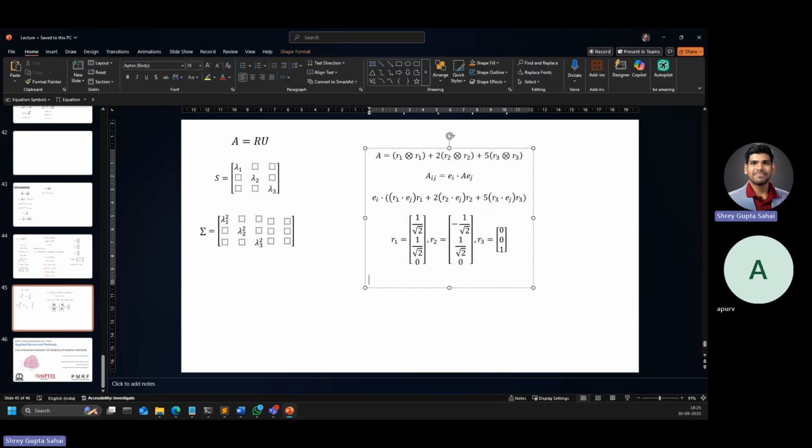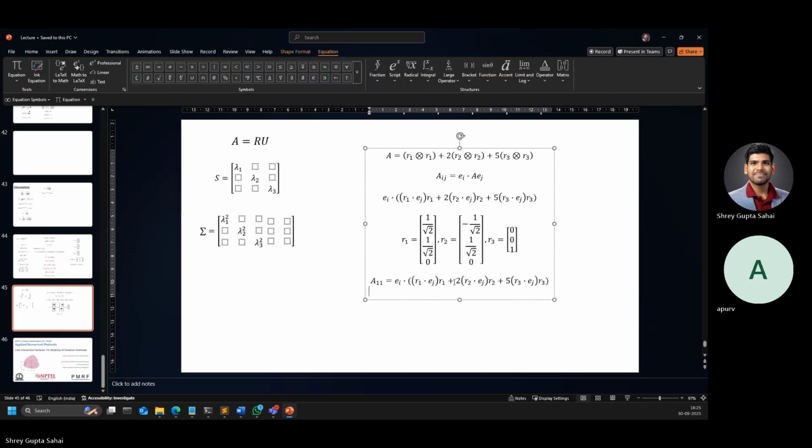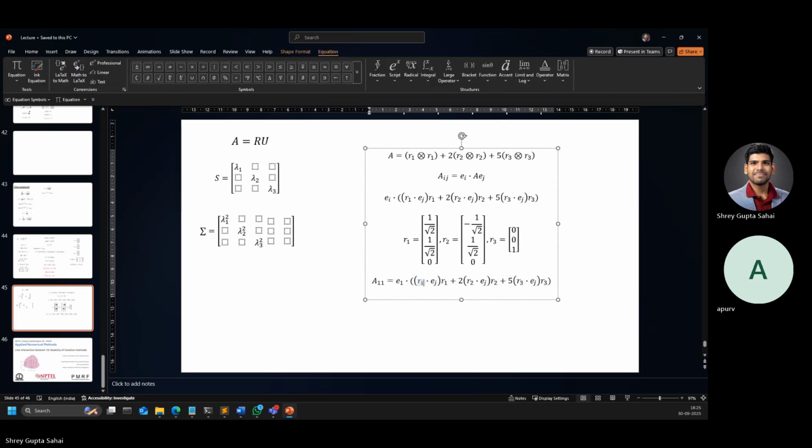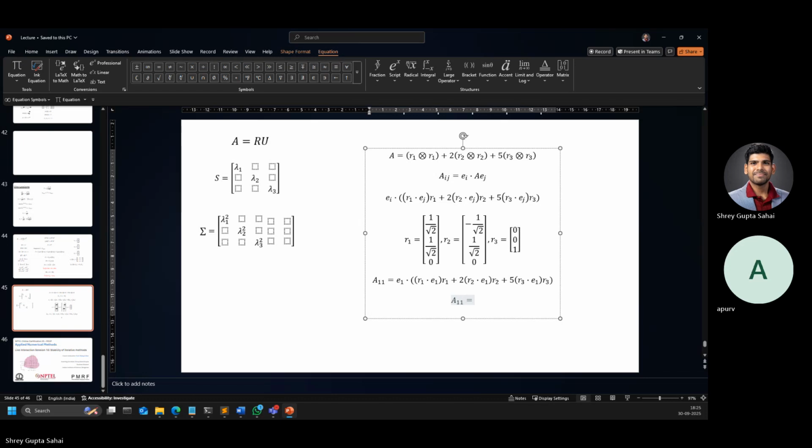So now let's calculate A11. What is A11? A11 will be E1 entire thing. Let's just quickly do this. So you see here R1 dot E1, so basically R1 E1 square.